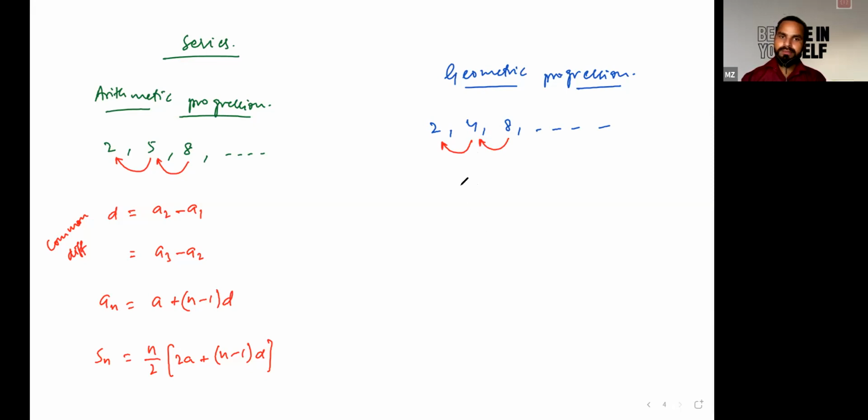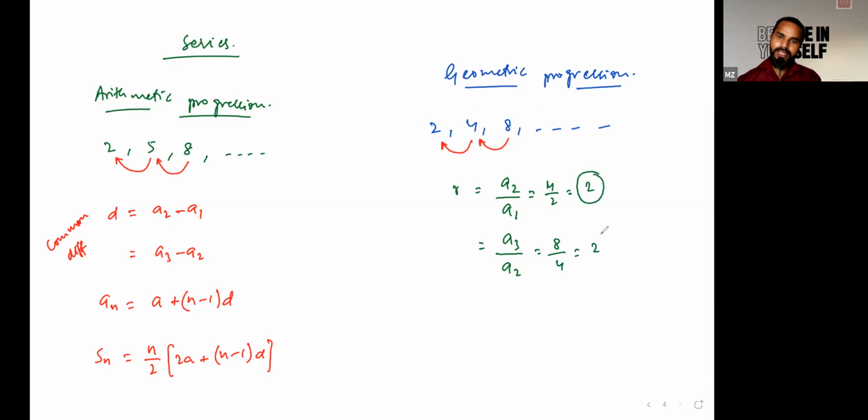So take another term that is called the common ratio, which is represented by r, which equals a2 divided by a1. So just take the ratio of two consecutive terms. 4 divided by 2 will give you 2. Similarly, the third term divided by the second term, that is 8 divided by 4, will again give you 2.